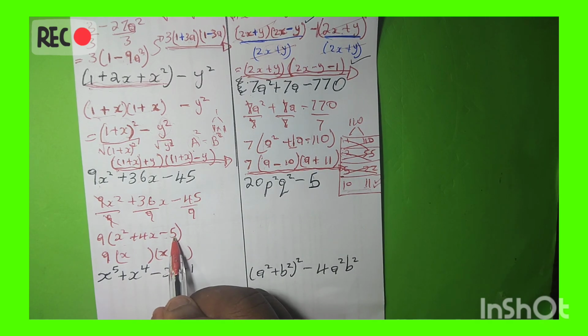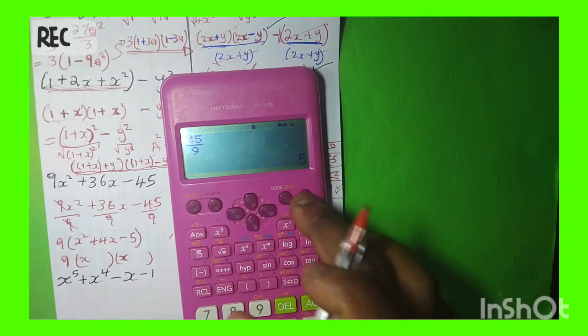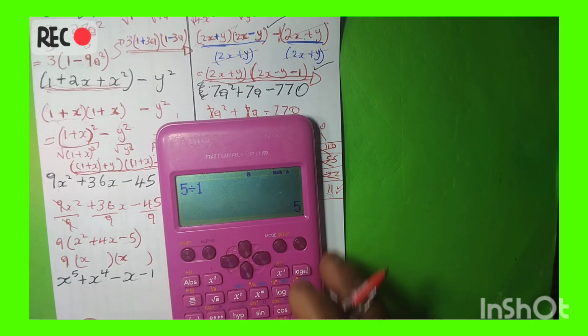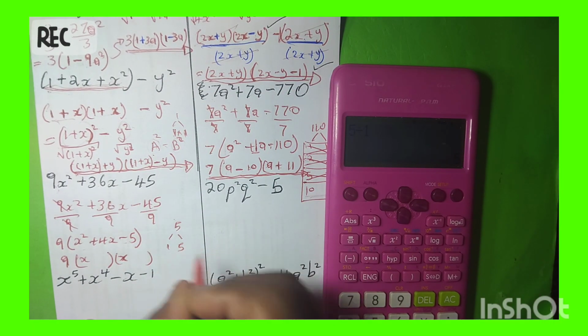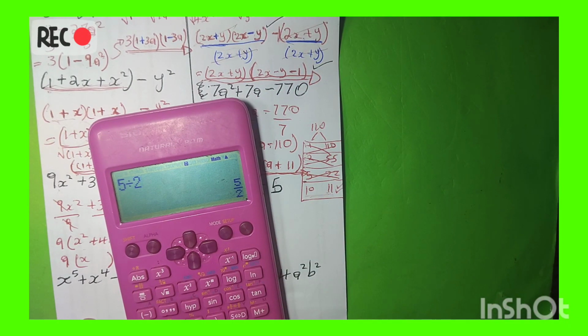Now let's find the factors of 5. The factors of 5 that we have, guys, are only 1 and 5. Say 5 divided by 1, meaning here it's 1 and 5. Then what about 2? You can't divide by 2. What about 3? You can't divide by 3. What about 4? You can't divide by 4. What about 5?